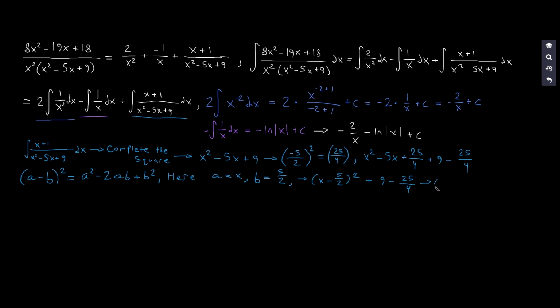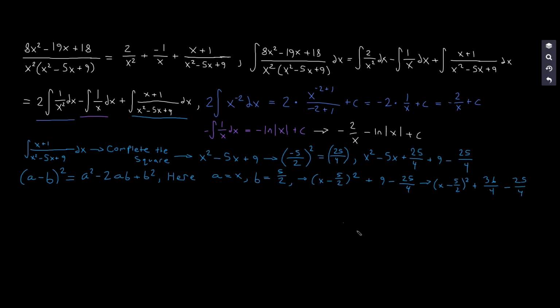Of course, we could simplify this to x minus 5 halves quantity squared plus 9 times 4 is 36, 36 over 4 minus 25 over 4.